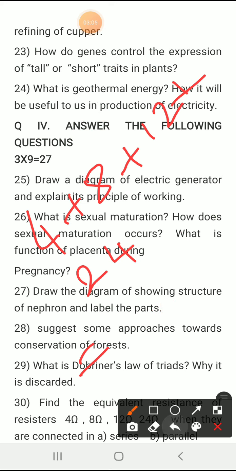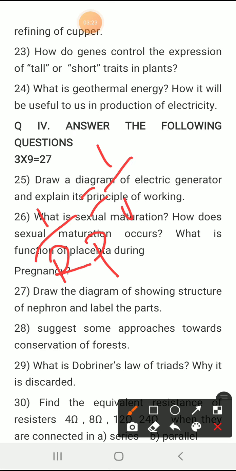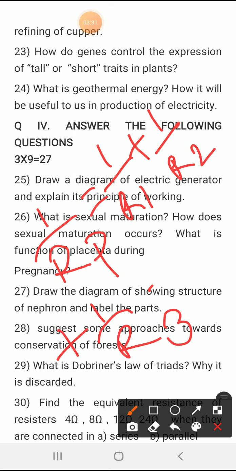As far as parallel is concerned, we have a different formula. What's the formula? 1 by Rp, Rp, R for parallel. 1 by Rp is equal to 1 by R1 plus 1 by R2 plus 1 by R3 and so on, right?